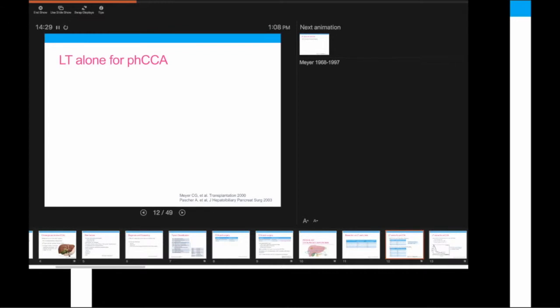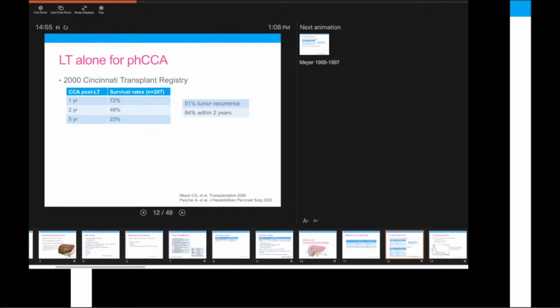In terms of transplant alone for perihilar cholangiocarcinoma, this data reviews up to the year 2000. They looked at the Cincinnati Transplant Registry, and they found that 207 patients were transplanted for cholangiocarcinoma. The 1-year survival in this retrospective series was 72%, with a 5-year survival down to 23%.